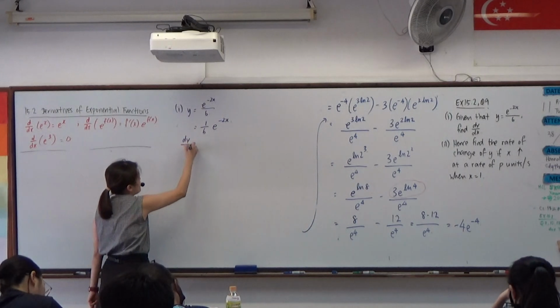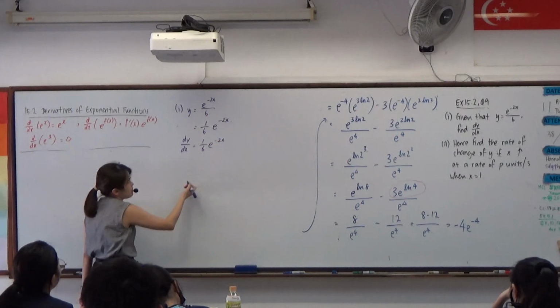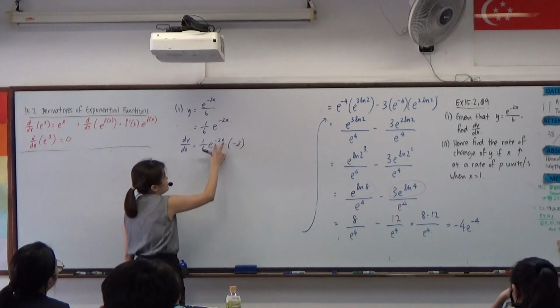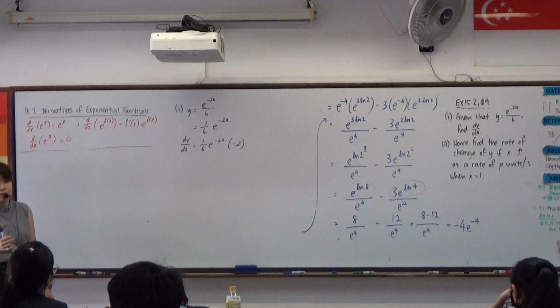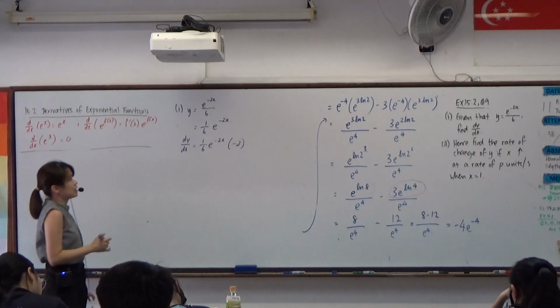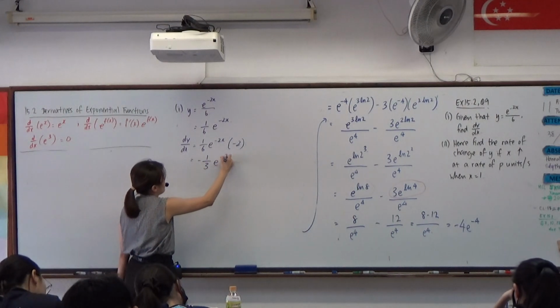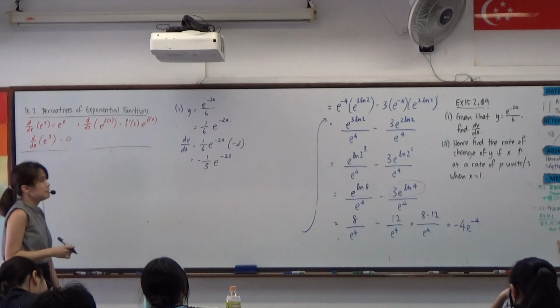So that our dy over dx will be to keep the same thing followed by the differentiation of the power. Please don't do any quotient rule or product rule. That's not very efficient. So we get negative 1/3 e to the power negative 2x.